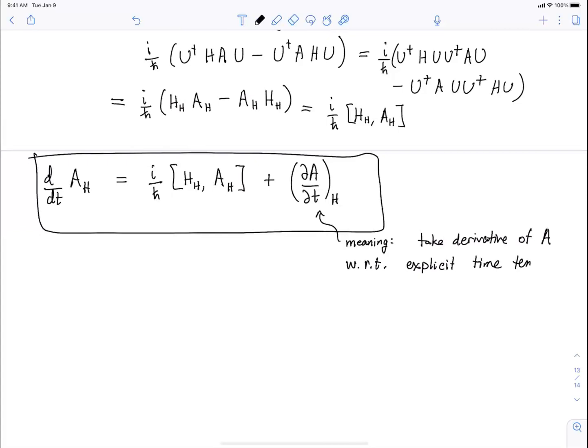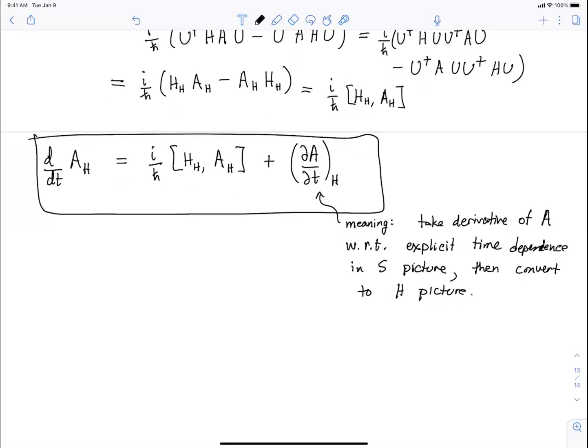That means the time dependence that's built into the operator. So this is in the Schrodinger picture. And then after you've done that, you convert to the Heisenberg picture. That's what the parentheses mean. That's the meaning of that expression.